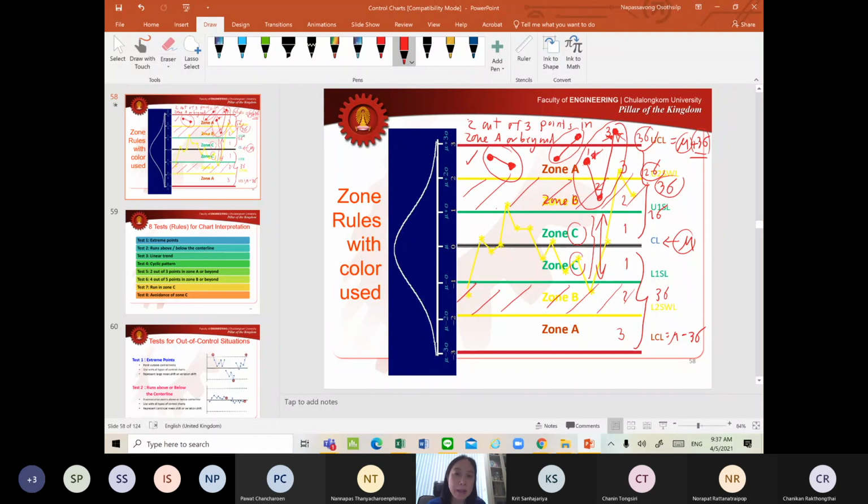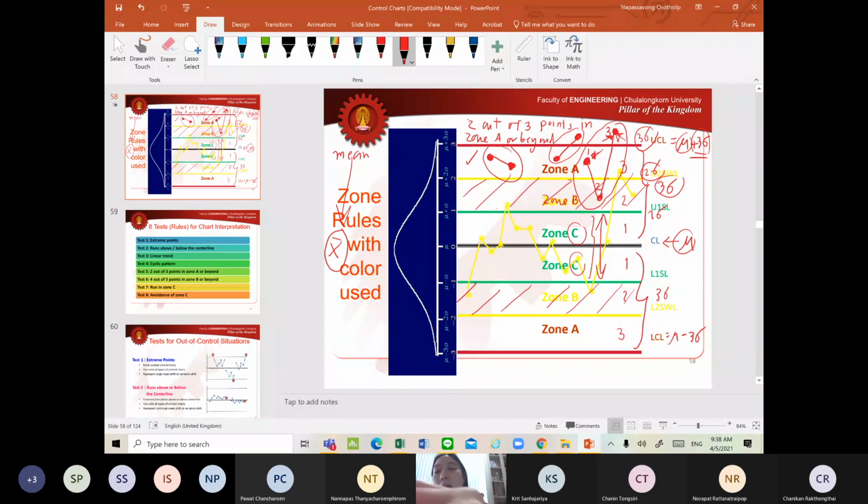And that abnormality, if you express it in more detail, you will say that this pattern shows you that the mean, because suppose this is the X bar chart, X bar expresses the mean of the process.